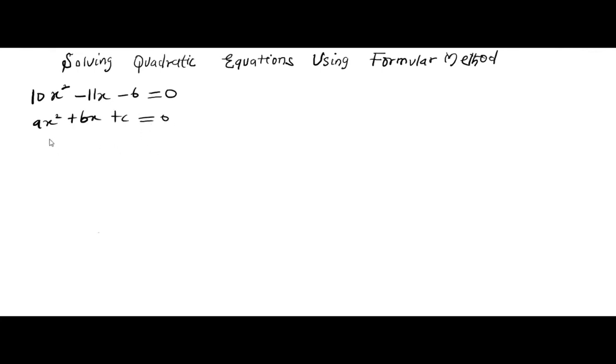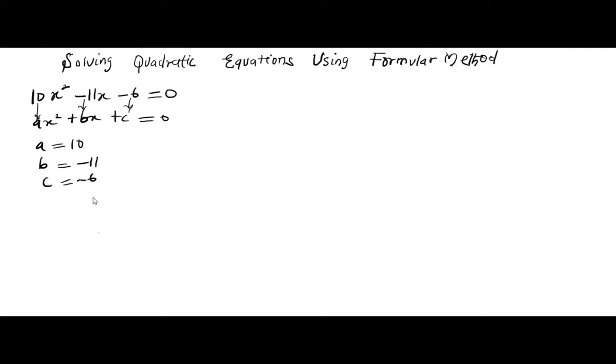And from here we have our a equals to 10, our b equals to -11, and our c equals to -6. The coefficient of x squared here is 10, and that is your a. The coefficient of x here is -11, and that is your b, and the c is -6.